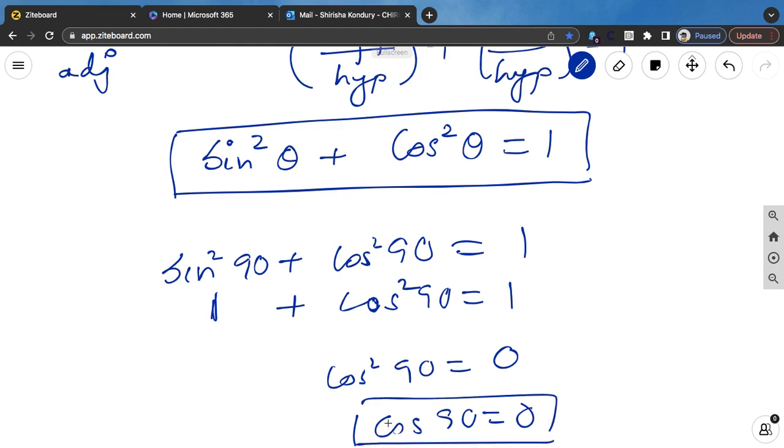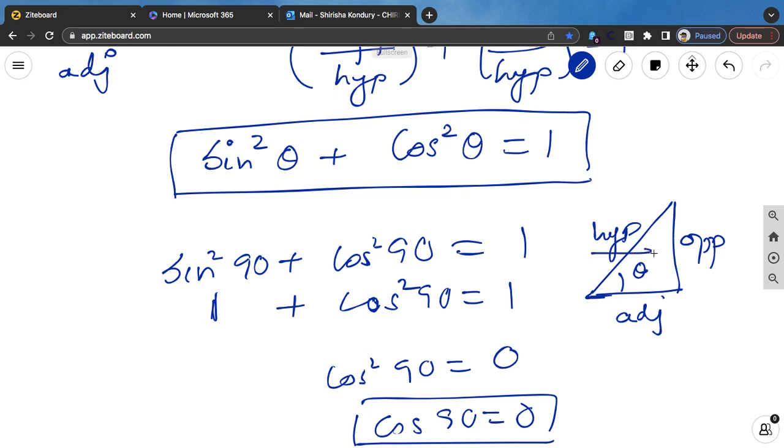In other words, in a right triangle, imagine theta is going on increasing, which means I'm pushing it. If it's like a ladder resting on the wall, I'm pushing the ladder towards the wall, right? The opposite side is like the wall and the adjacent side is like the floor.